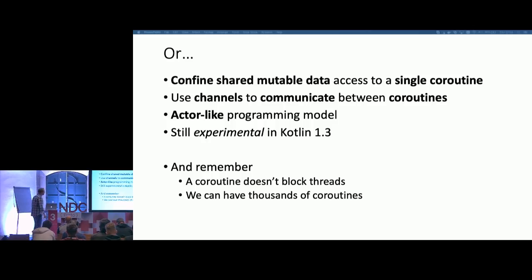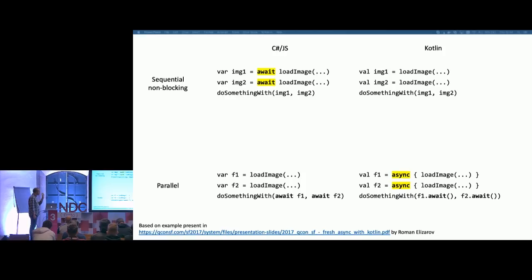Okay, almost ending up. Just to highlight some differences between the async-await model and the Kotlin model. This example is based on an example by Roman Elizarov at KotlinConf 2017, I believe. On the left side, I have the async-await model. On the right side, I have the Kotlin model.